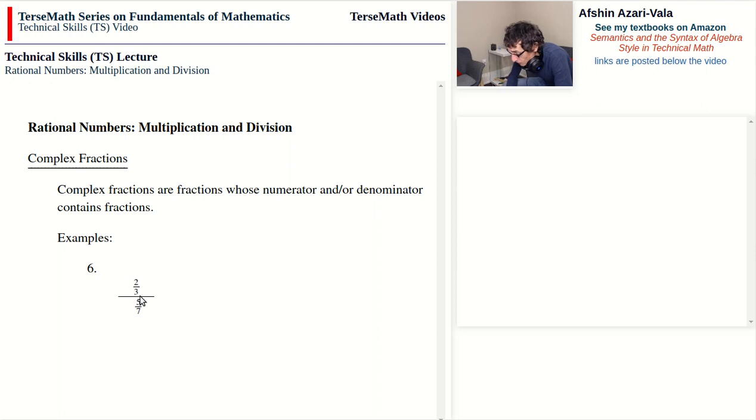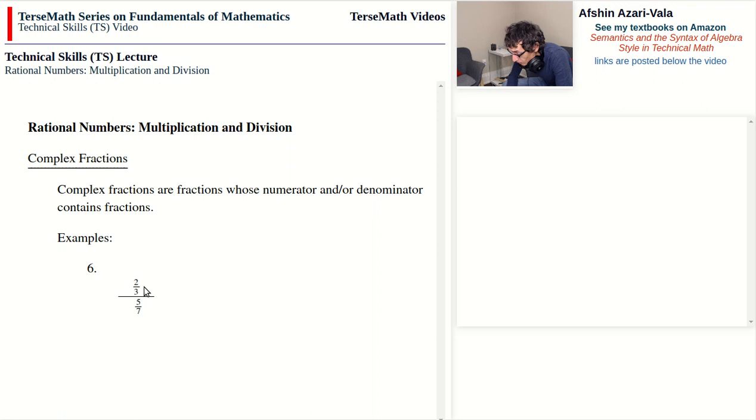It's important that you pay attention to the longest line, and when you write your own complex fractions, make sure that it's quite clear what the longest line is, because that becomes the main division. So in this case, we interpret what you see as 2/3 divided by 5/7. So the numerator has 2/3 in it and the denominator has 5/7.